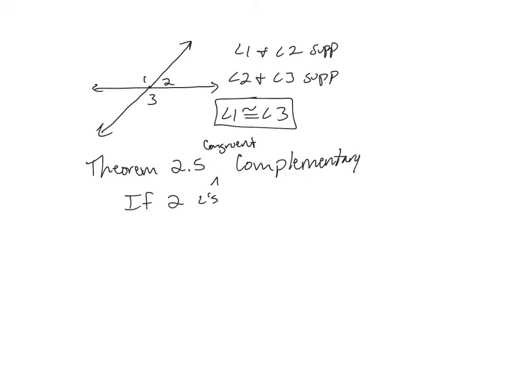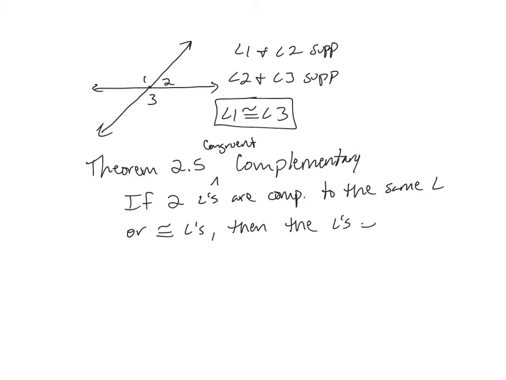If two angles are complementary to the same angle or congruent angles, then the angles are congruent. So same idea. If you know two angles are complementary and two different angles are complementary to the same angle, then those angles are congruent. Same idea as the last one.